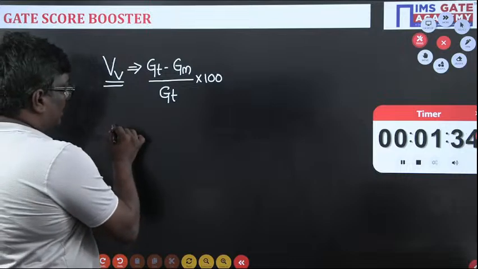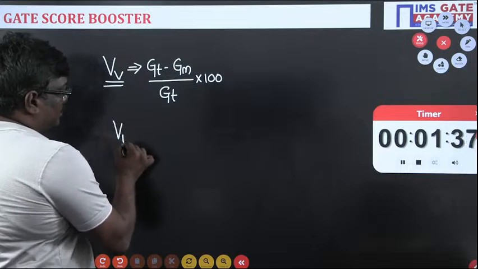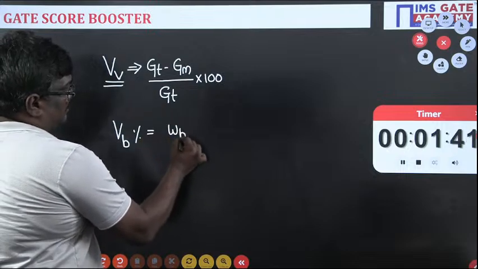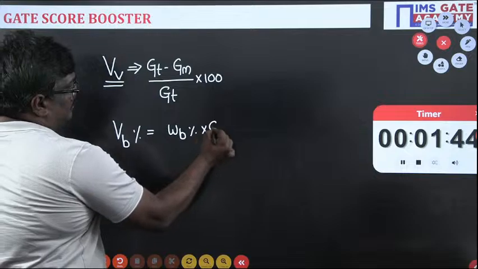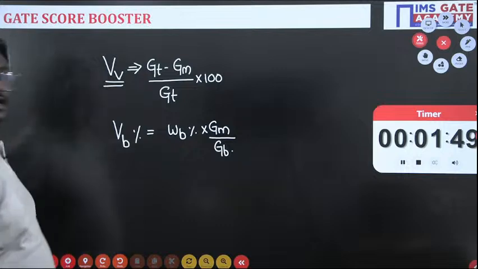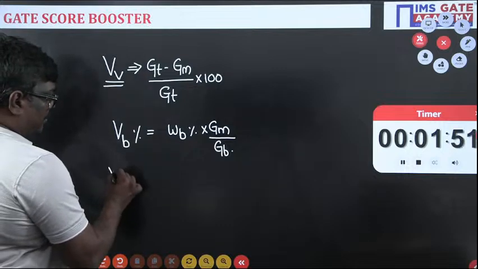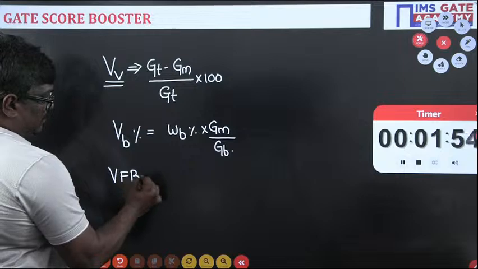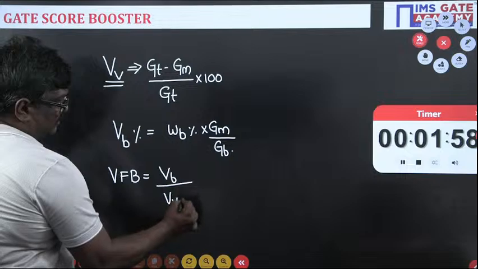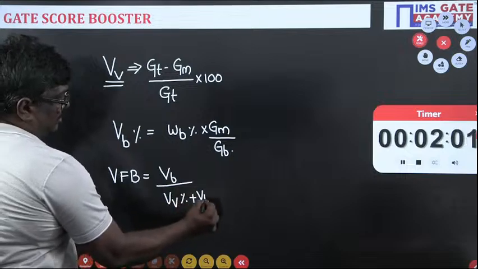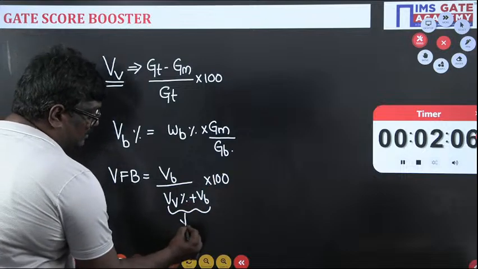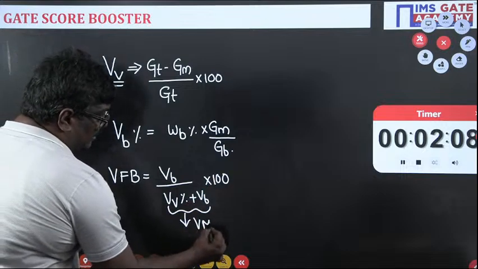And we also have the volume of bitumen: VB percentile is equal to WB percentile into GM by GB. Now voids filled in bitumen or VFB is equal to VB upon VV plus VB into 100, where volume of voids plus volume of bitumen is nothing but the volume of mineral aggregates.